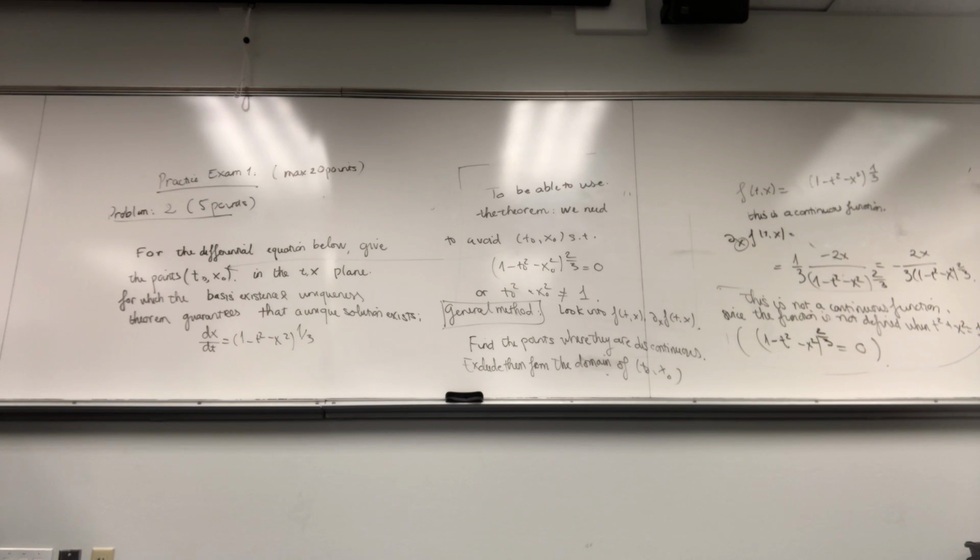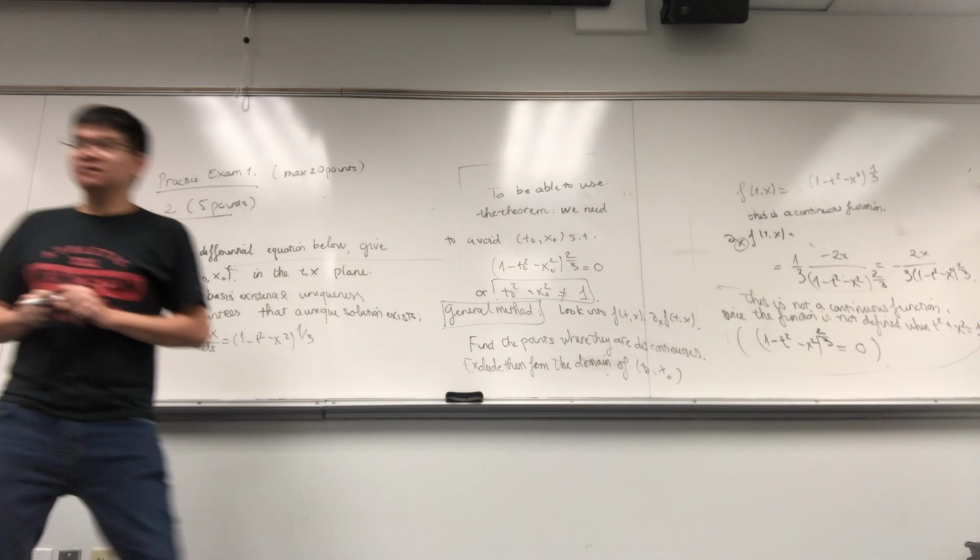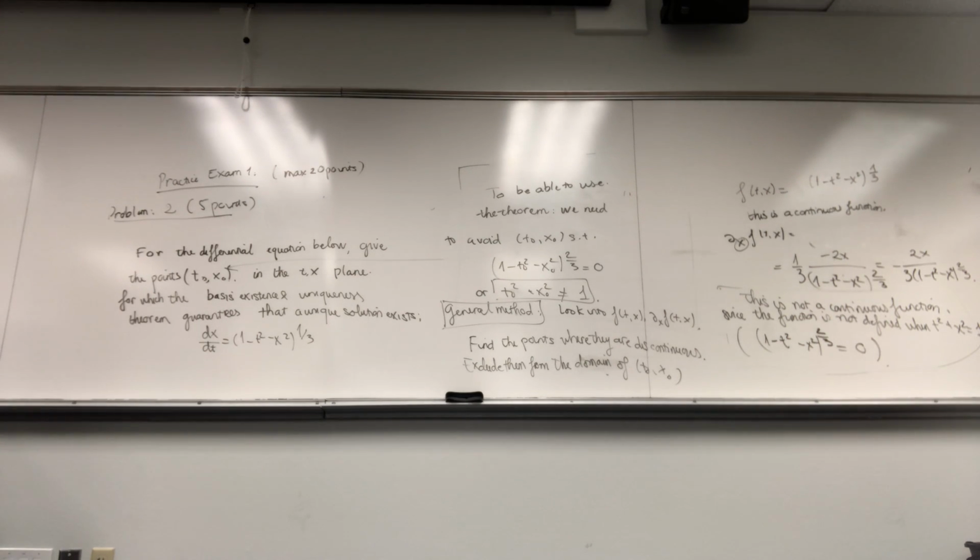So our answer, we could just write we need to exclude all points where t naught squared plus x naught squared is equal to 1. This is just the answer that you need. The second problem looks complicated, but what you do is something from calculus 2, where you check if the function is continuous or not.